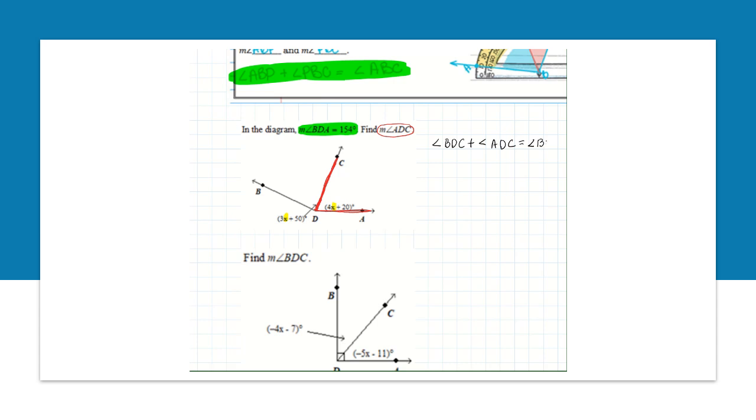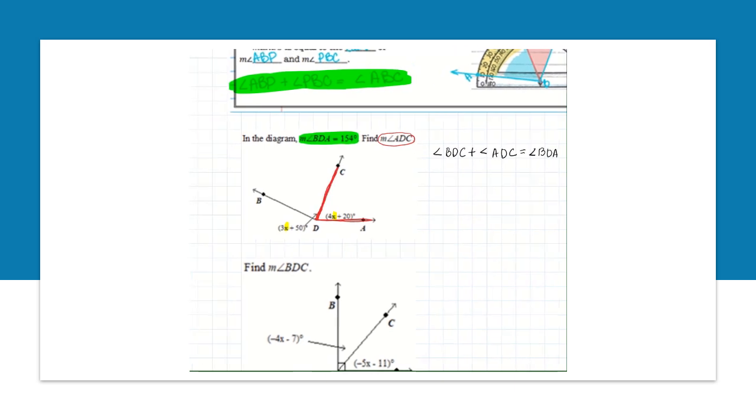Then we're going to replace each of those parts of that equation with the measurements given in the diagram. The first one that we know is angle BDC, which is 3x plus 50.